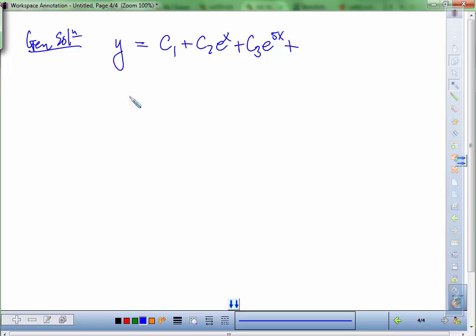And then we have the particular solution that we just found, which is, do I know it off the top of my head, 2x minus 12x squared e to the x plus 1/2 e to the 5x. So that's our general solution.